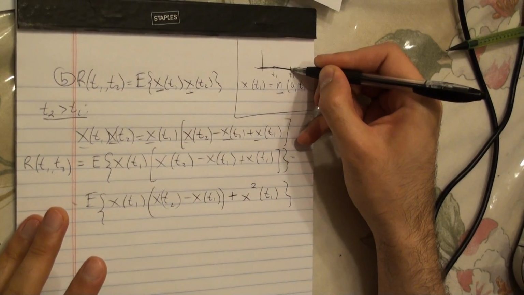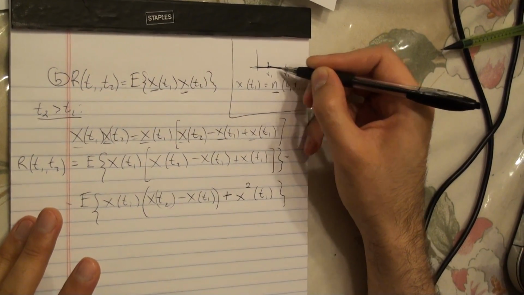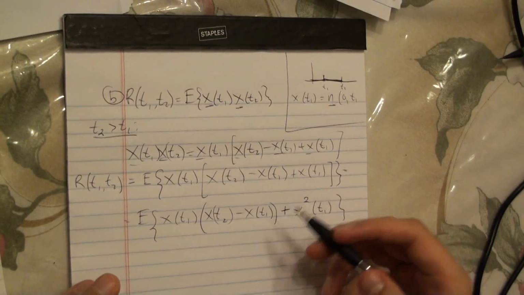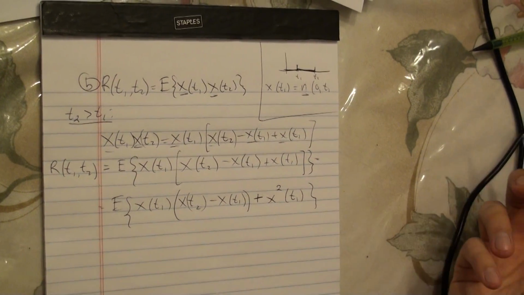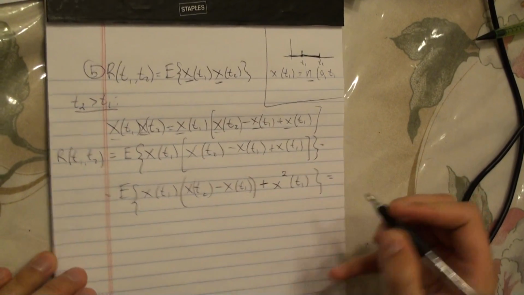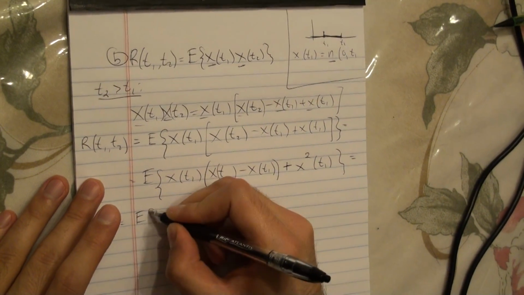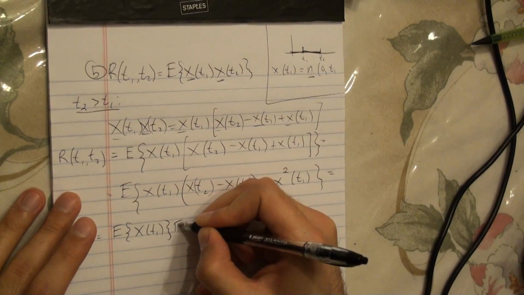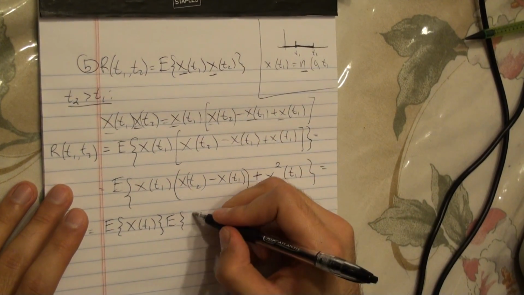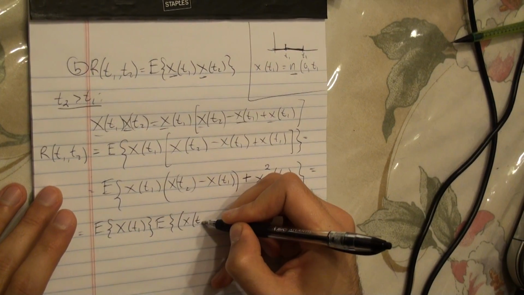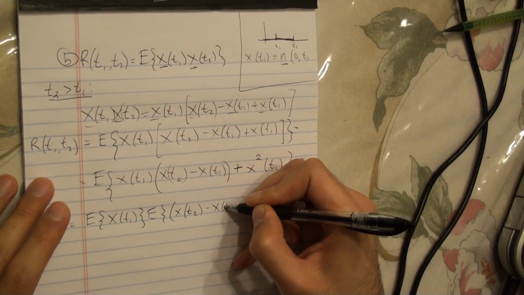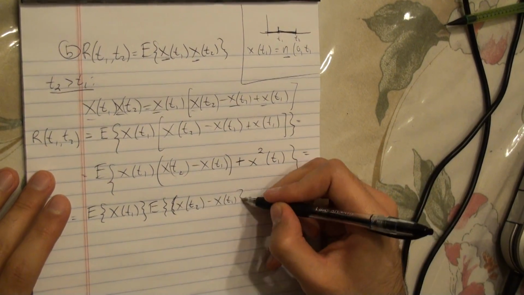According to the definition of the Poisson process, because these two intervals don't overlap, they're independent, so we can separate them. So we can write the expected value of X of t1, expected value of, I put an extra parentheses for no reason. Just ignore that.